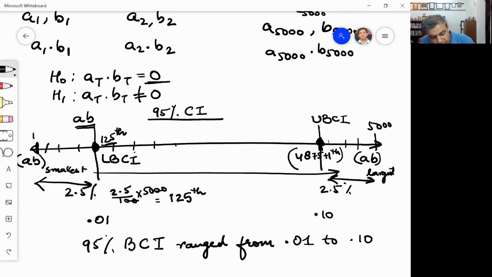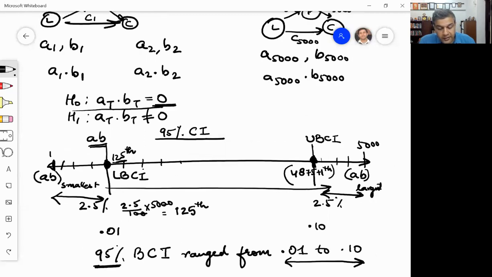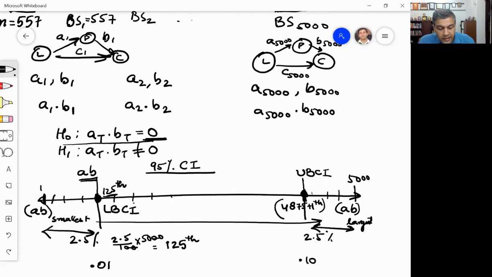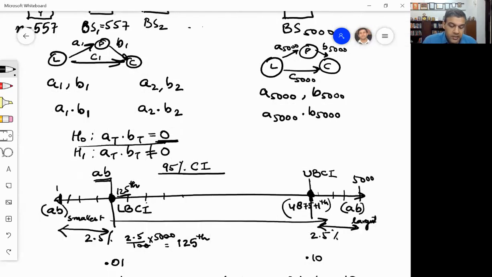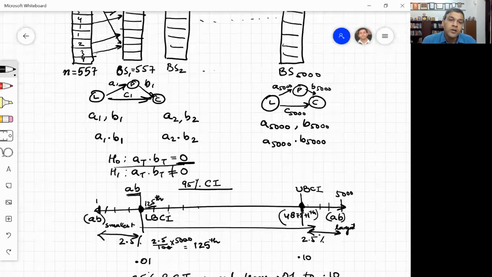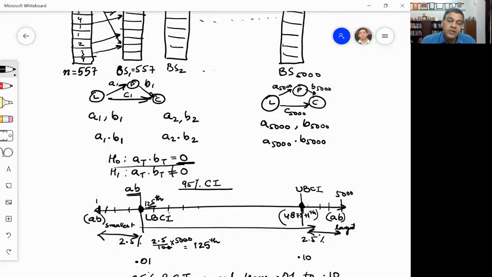What did you want to check? You wanted to check for 0. Now 0 does not lie in this 95% interval, and therefore I can say with 95% confidence that my indirect effect is significantly different from 0, and therefore in this model I have significant mediation. So this is what it is essentially doing.